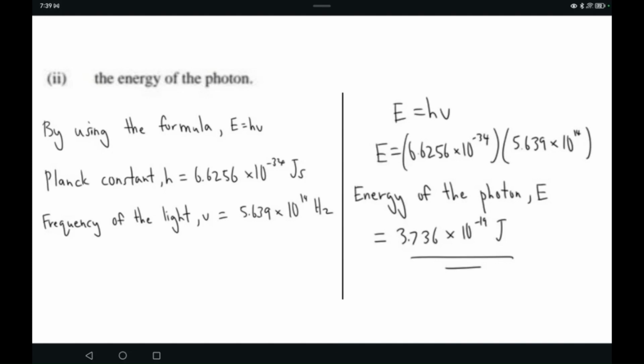So now we just substitute everything into the formula and we get the final answer for the energy of the photon. E is equal to 3.736 times 10 power negative 19 joule.